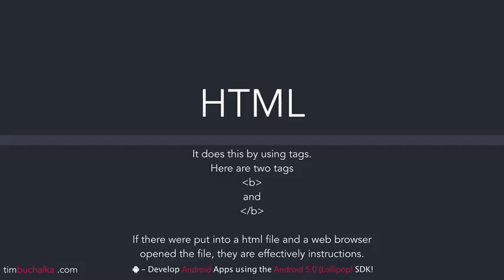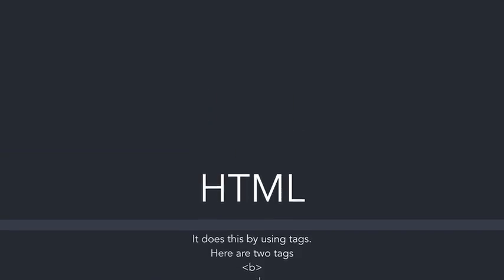If you were to put this into an HTML file and open it in a web browser, they're effectively telling the web browser to treat it as a command and operate on that command. The web browsers of today understand HTML, and in this case, when they see that little B enclosed in the less than and greater than signs, they know what to do with it.